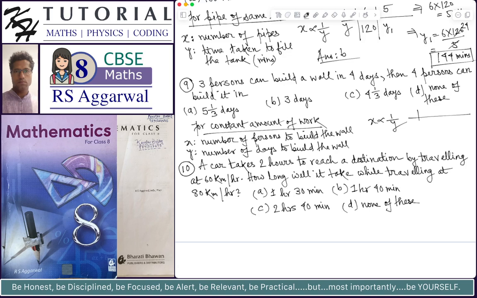So now let's create the table. It is given 3 persons can build the wall in 4 days. So 3 and 4. It is asking then 4 persons can build it in. So let's say 4 persons will build the wall in y1 days.